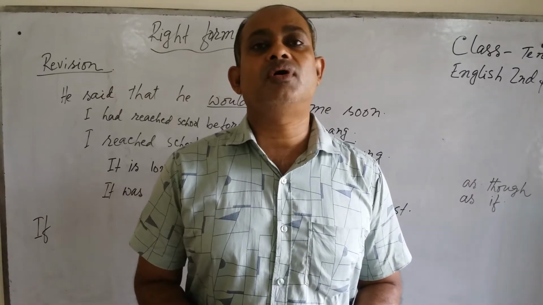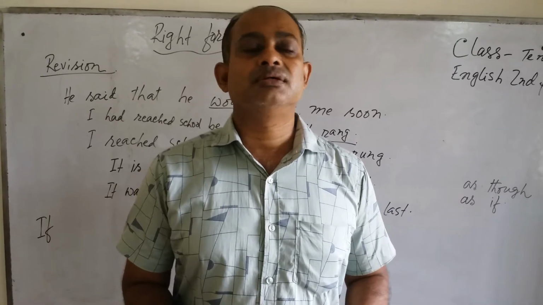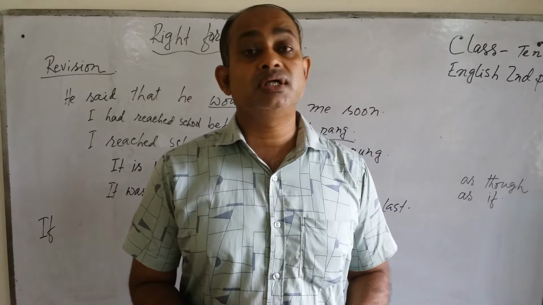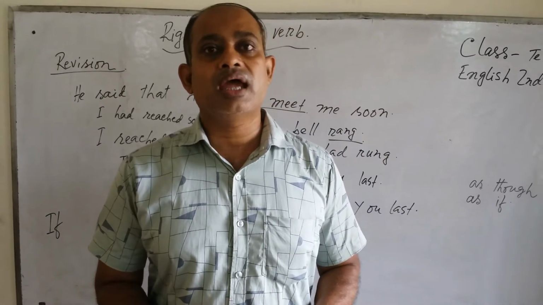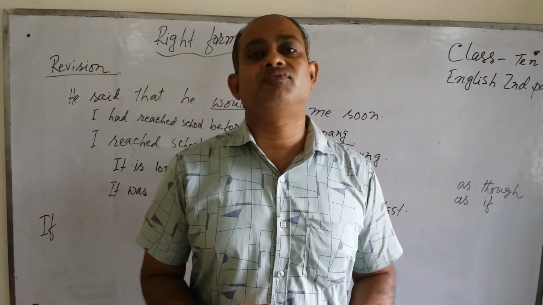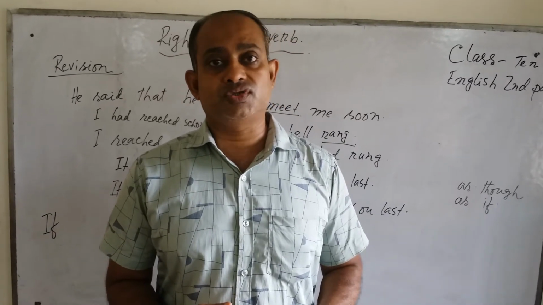Past participle forms are used in the present perfect, past perfect, and future perfect tense, where the auxiliary verbs are have, has, and had. Besides, we use the past participle form after being in the passive form also.